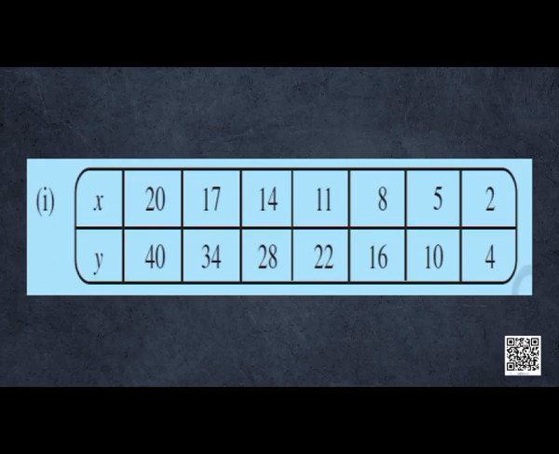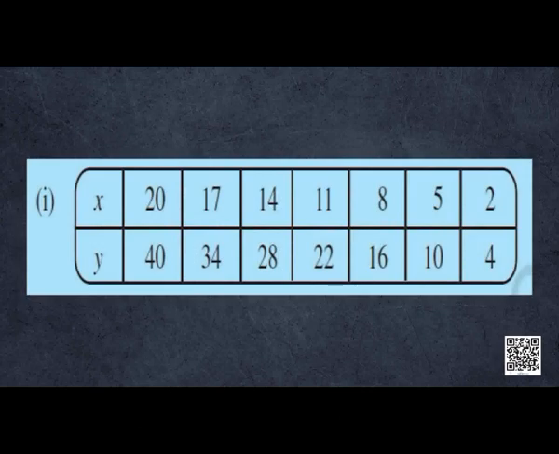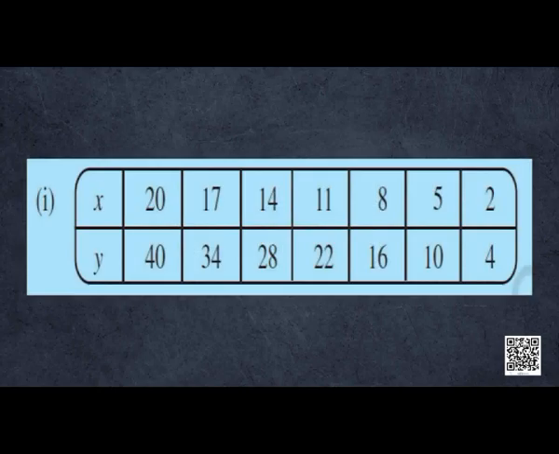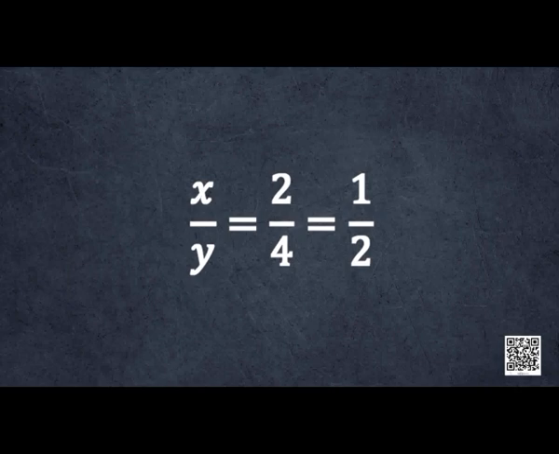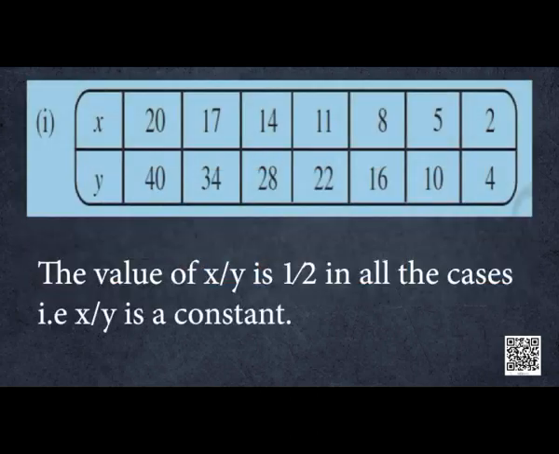8 by 16 is equal to 1 by 2. 5 by 10 is equal to 1 by 2. And finally, 2 by 4 is also equal to 1 by 2. Good. What can we see here? The value of x by y is 1 by 2 in all the cases.